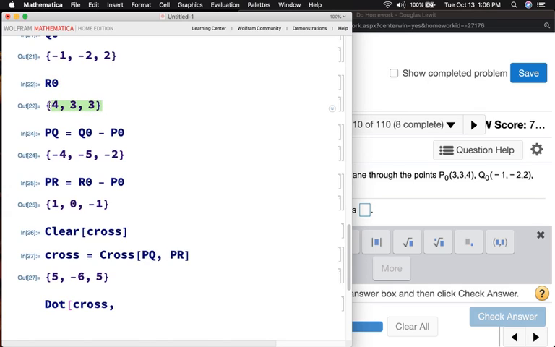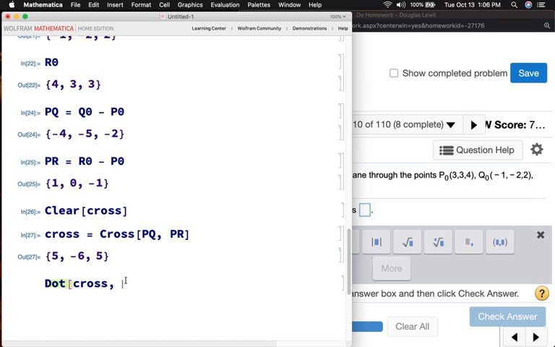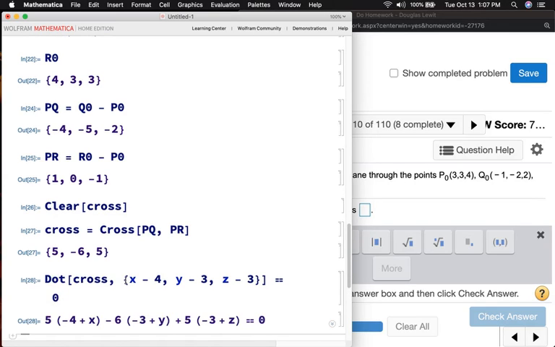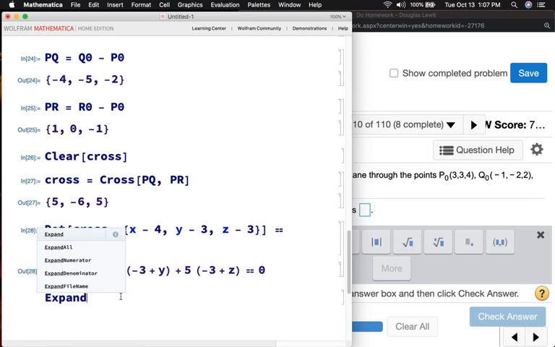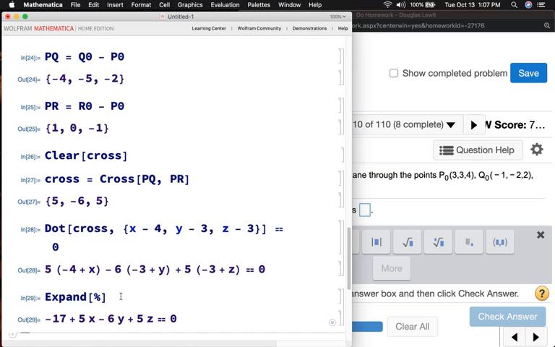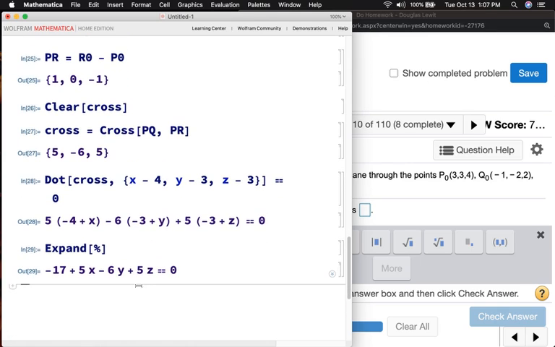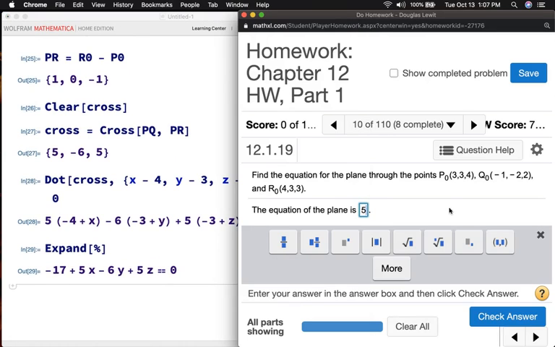So it's going to be x minus 4, y minus 3, z minus 3. And let's expand that last answer. 5x minus 6y plus 5z is equal to 17.